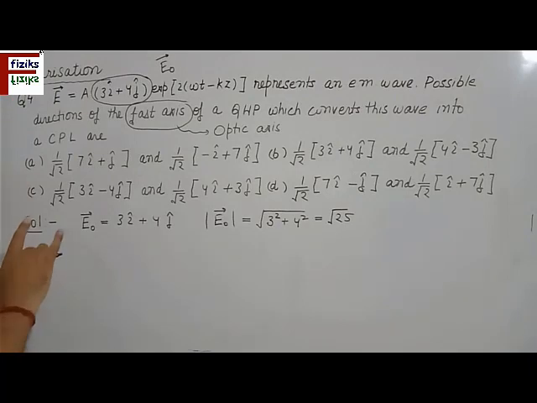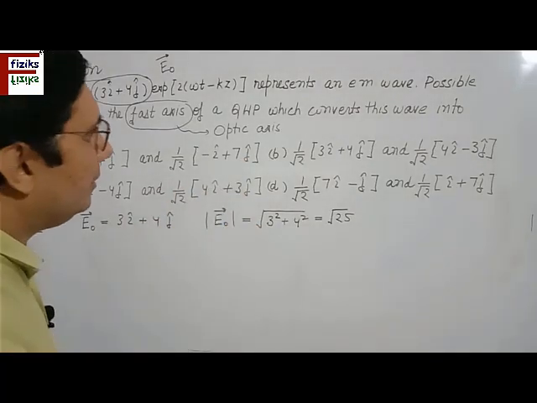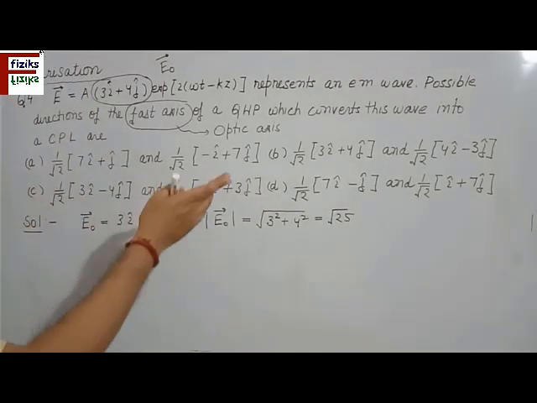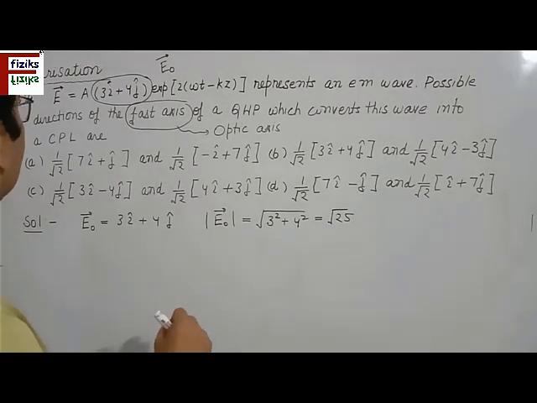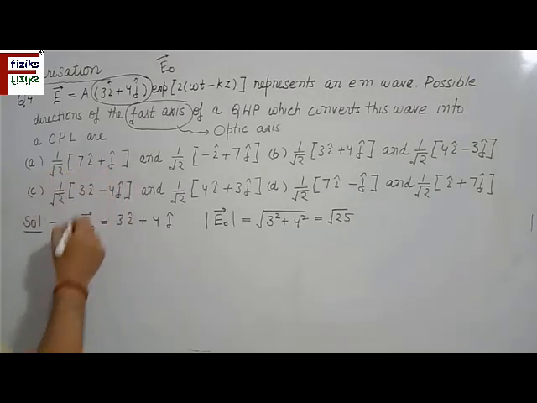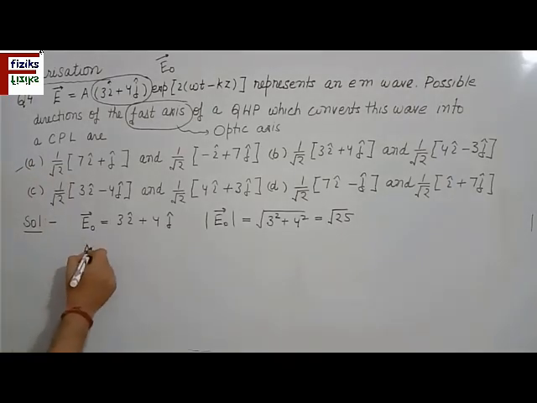So what I want to say is that we have 4 options, and the easiest trick is we can find out the angle between E naught and these vectors, and that angle should be 45 degree. How will we do this? I will choose the first option, A. So this is A vector.